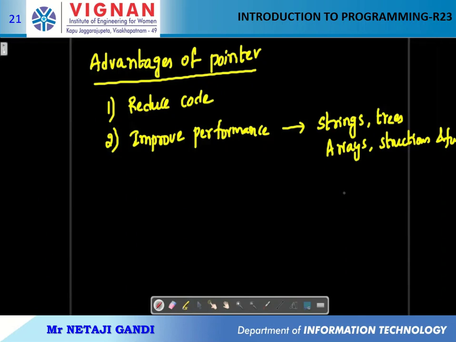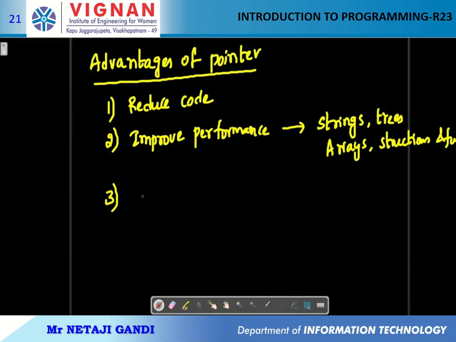So whenever you want to access the elements of an array, one way is to access through its index, and the other way is to access with the help of a pointer which is pointing to the base address of the array, okay. Another advantage is that the return statement in C can return only a single value.